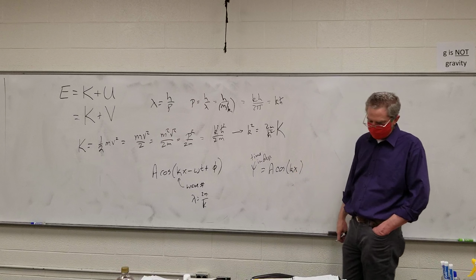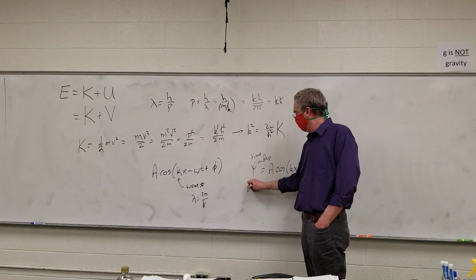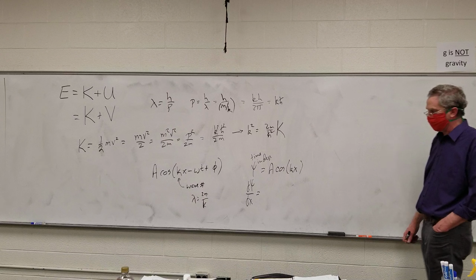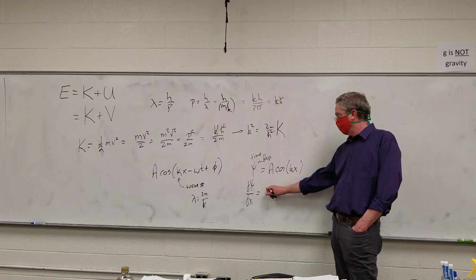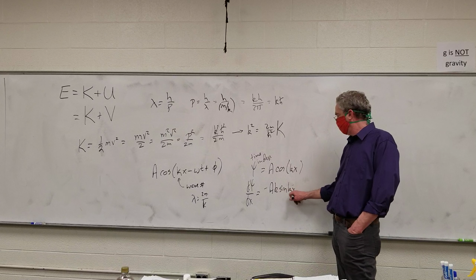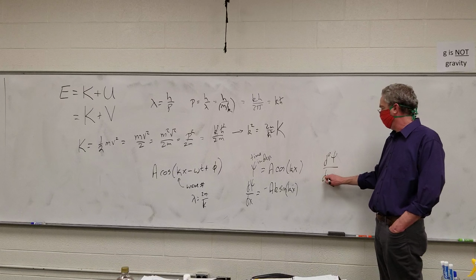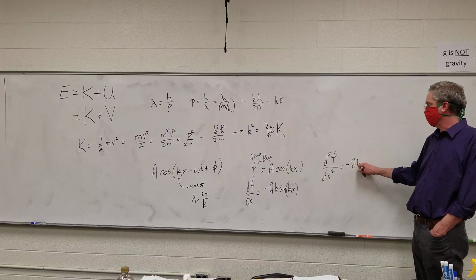I'm going to ignore the plus phi. What would be the derivative with respect to x? Negative A k sine kx. And then the second derivative, negative A k squared cosine kx.